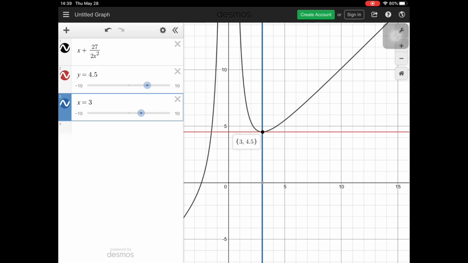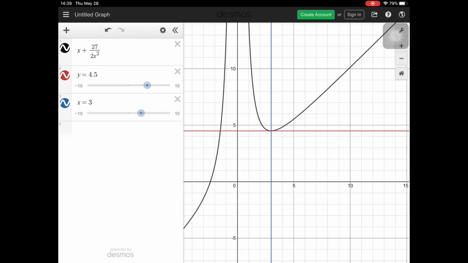So you see that the red line, the horizontal or tangent line, is perpendicular to the normal line, which is the blue one. And here you can see that although this is a tangent line at 3, 4.5, the red line still intersects the curve at another point, but that doesn't matter. The concept of tangent line is that it should touch the curve at one point, and only at that point, for that particular point, okay?